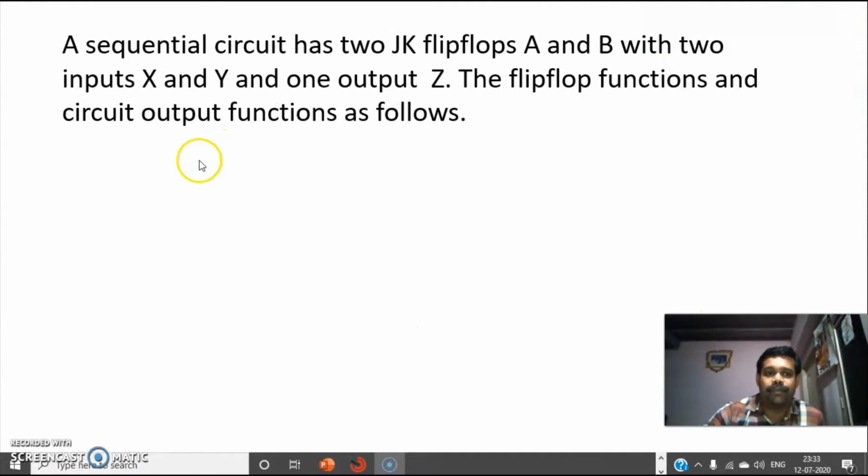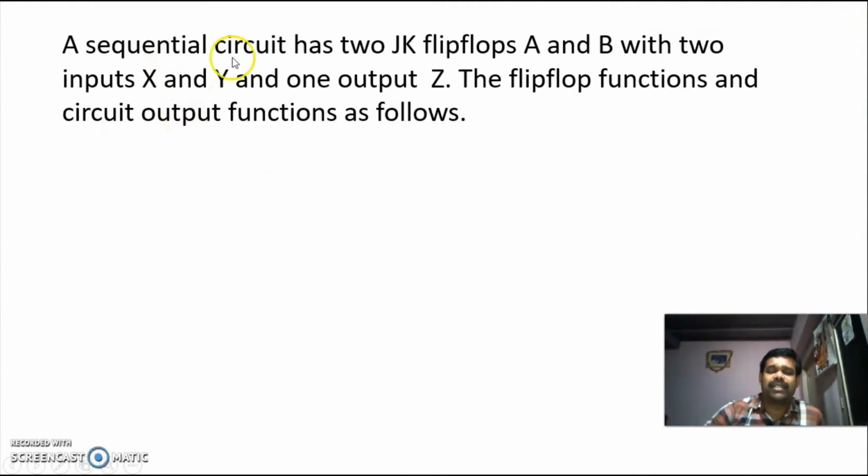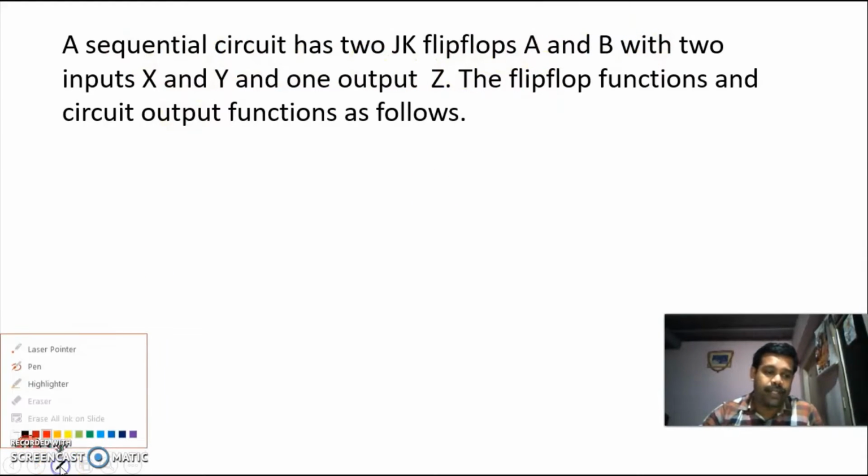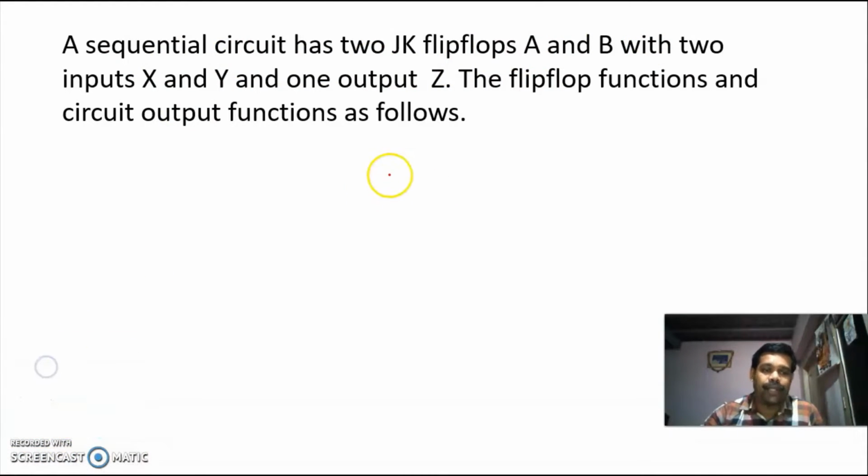In the problem, a sequential circuit has two JK flip-flops A and B. So how many JK flip-flops do we have? We have two JK flip-flops A and B with two inputs X and Y, and one output. The flip-flop functions and the circuit output functions are as follows.